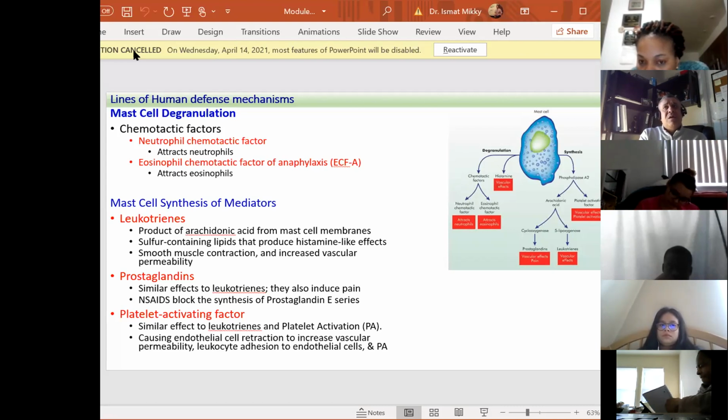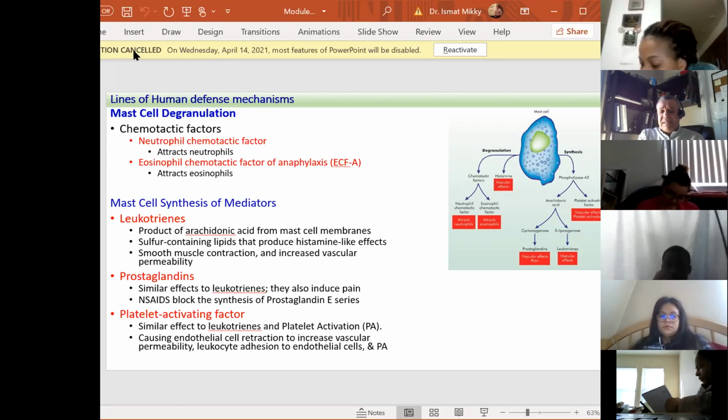So the patient with COPD or asthma will benefit from this leukotriene modifier, which is antagonizing the leukotriene. So these are the chemical mediators that will be activated and involved in the inflammatory response: the histamine, the NCF, the ECF, and then on the other side, the synthesized ones like the prostaglandins and the leukotrienes.